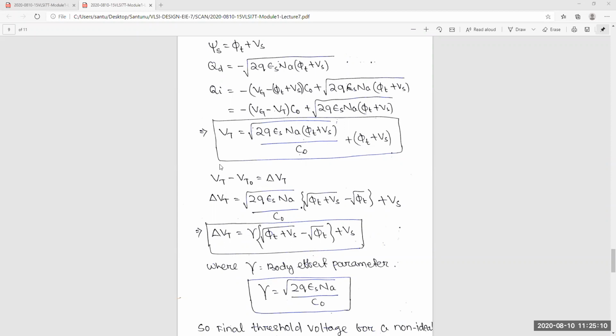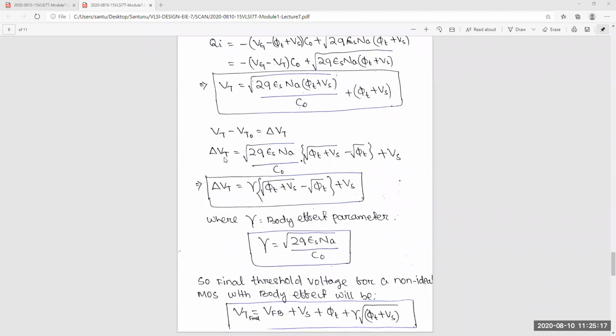So if you subtract those two things, finally you can calculate del Vt as this. Just subtract the part where the Vs term is not there, and you will get this part.